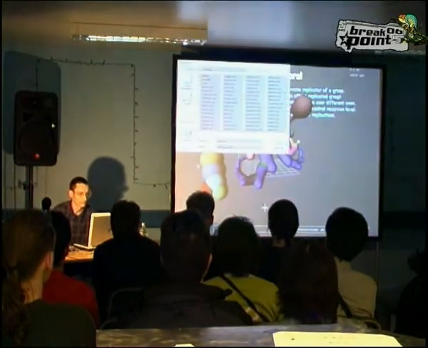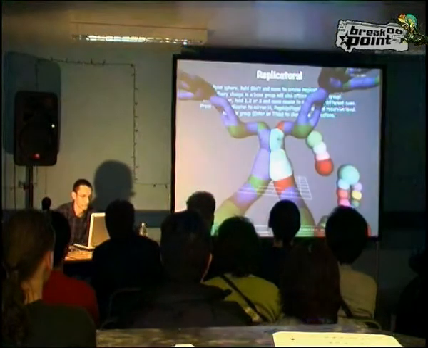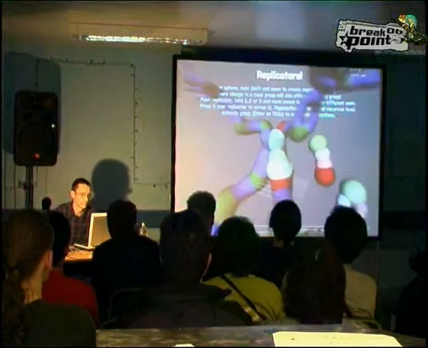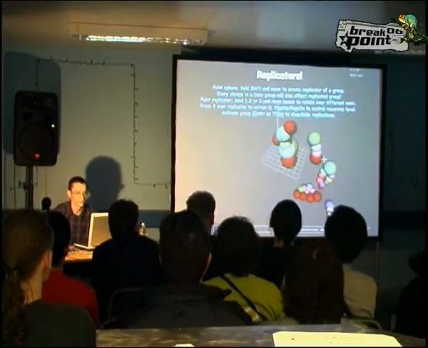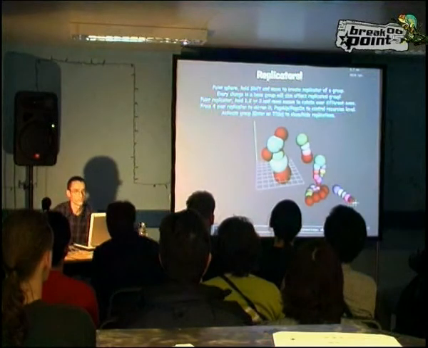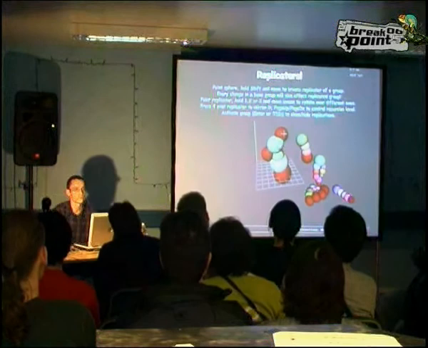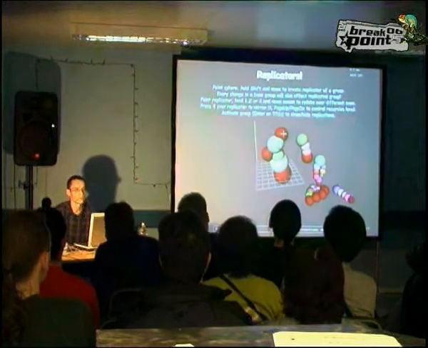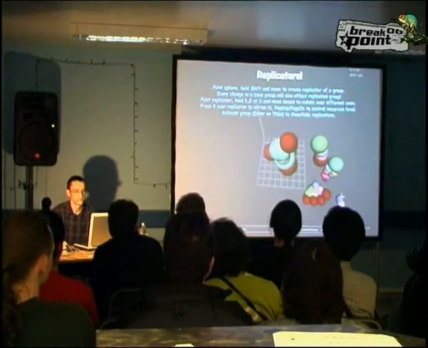I will show a more advanced model that actually resembles some kind of human shape. This is made from just a few groups of spheres. This is the whole definition of this model, and the red spheres are replicators, the beginnings of replicators. Let's say this is a hand, this is a finger.